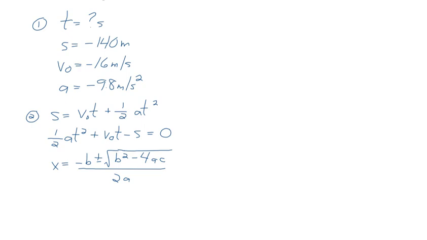I'm sorry, I'm getting ahead of myself there. So for me, my A is going to be 1/2 the acceleration, my B is going to be VO, and my C is going to be minus S.